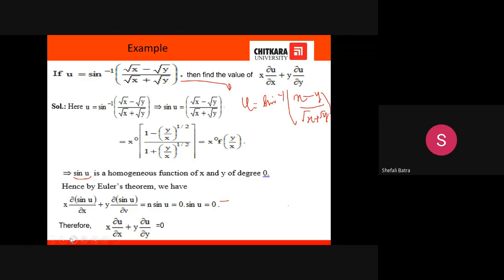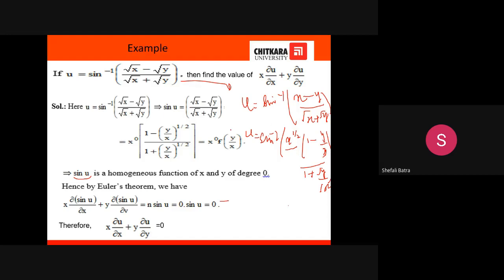In that case, u cannot be a homogeneous function. Because when you express it like that, it would be x to the power half times (1 minus √(y/x)) upon (1 plus √(y/x)). Getting my point? Because of the presence of this x, you cannot say that u is a homogeneous function.